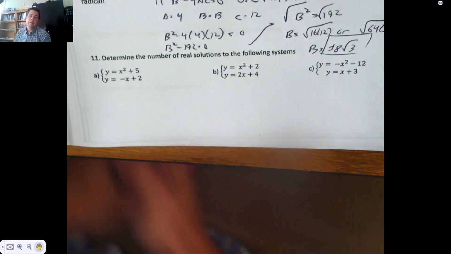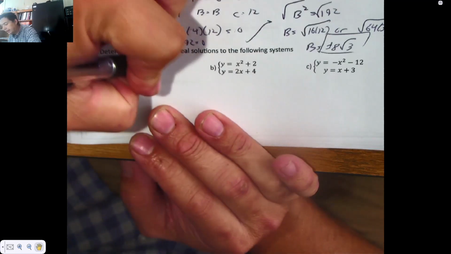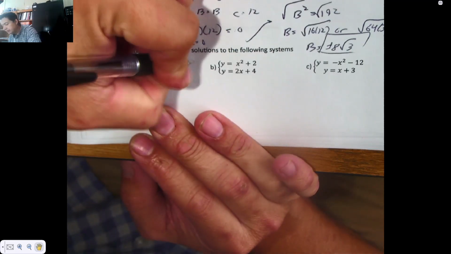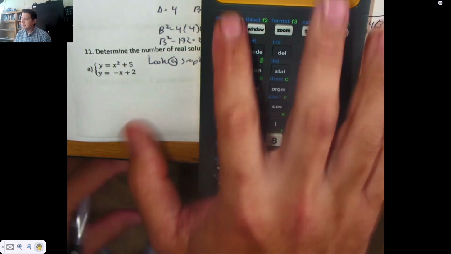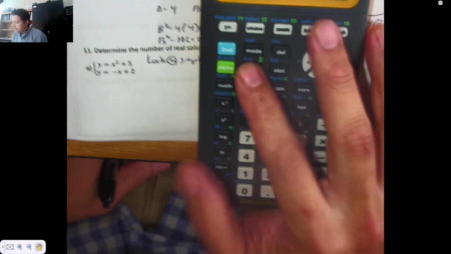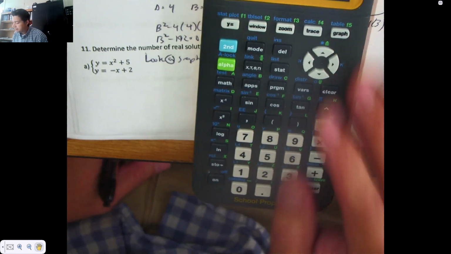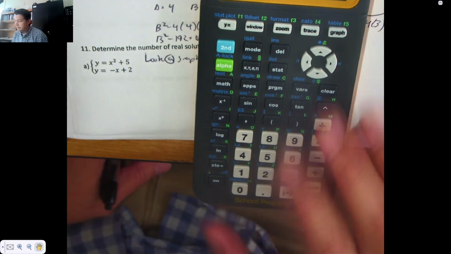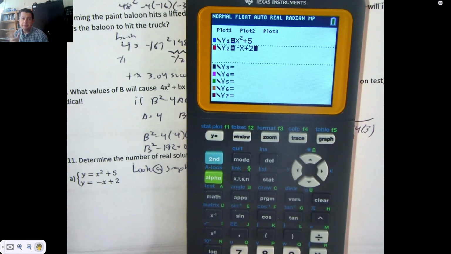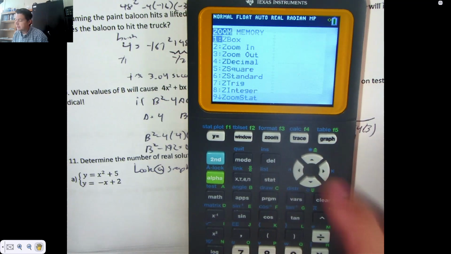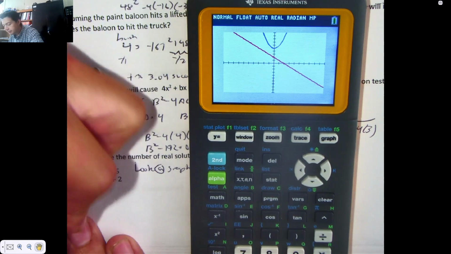11. Determine the number of real solutions to the following systems. You literally look at graphs. That's all you do. If you can't do this problem, it means you can't push buttons. All right, so there's A. Whoops, couldn't see me type, sorry. I typed in A, zoom 6. 0 solutions.